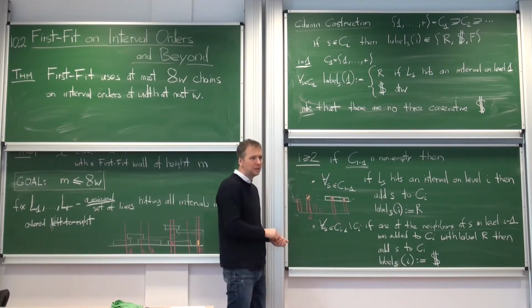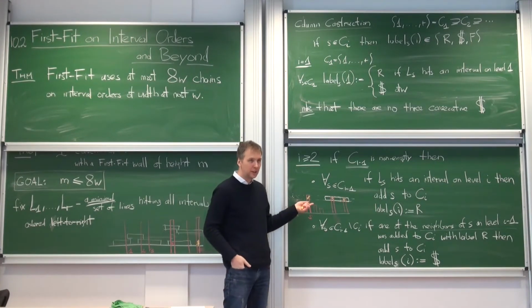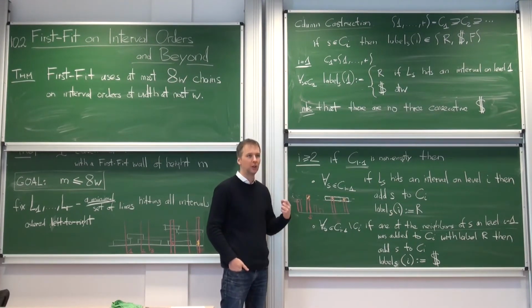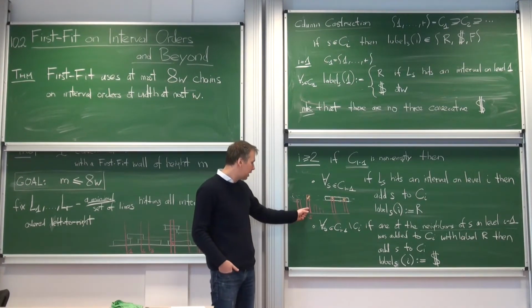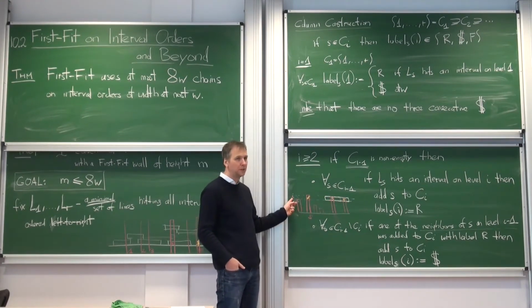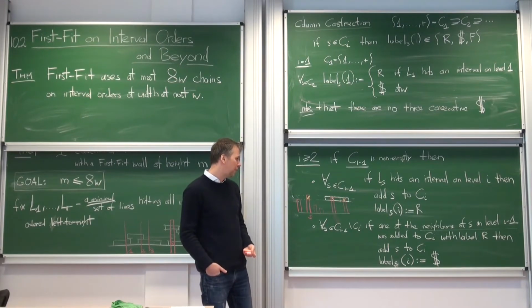Dollar sign could carry the intuition that it survived, but someone is paying for it. It's the neighbor that survived for real that is paying for it. So the column could get dollar sign because of the right neighbor or because of the left neighbor. One of them has to survive with R.